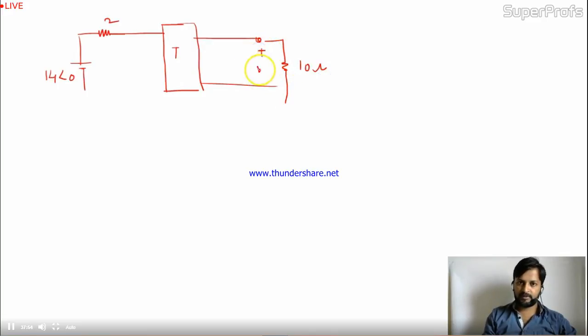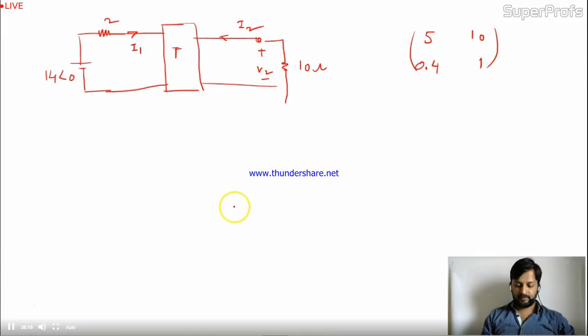The voltage is V2, the current is I2. In this the current is I1, and the T circuit is given. This T is given 5, 10, 0.4 and 1.